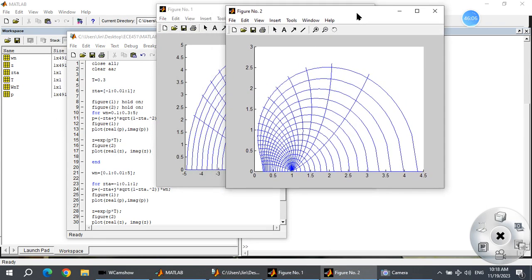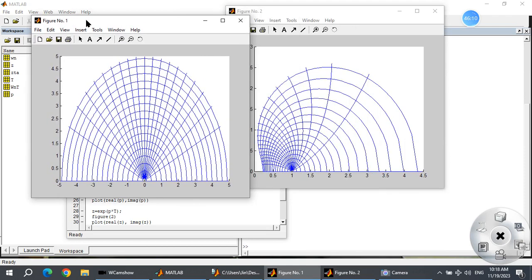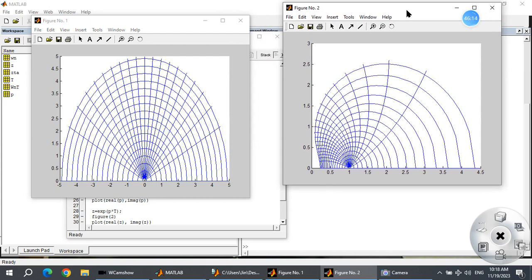Yeah. Okay. You see, the curve looks like this. The curves look like this. The zeta is from -1 to +1, and time t is from here to here, and omega from 0 to this point.